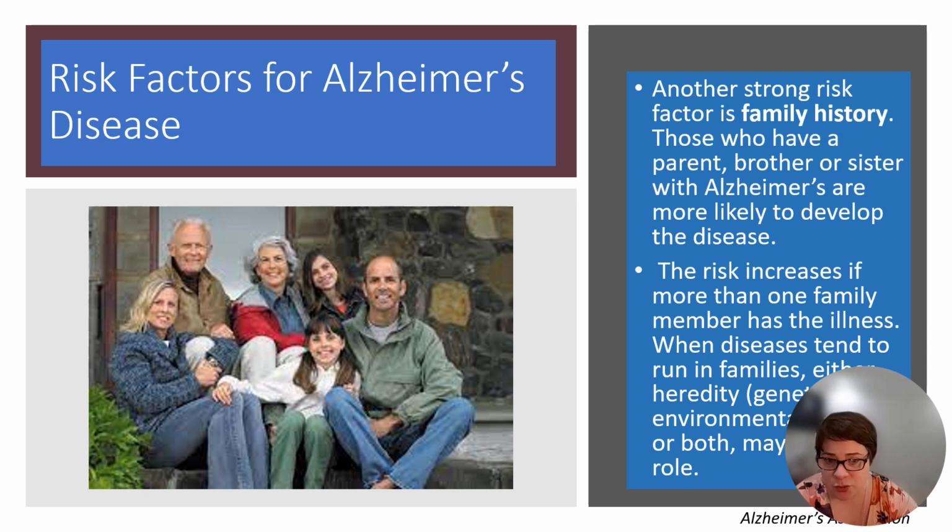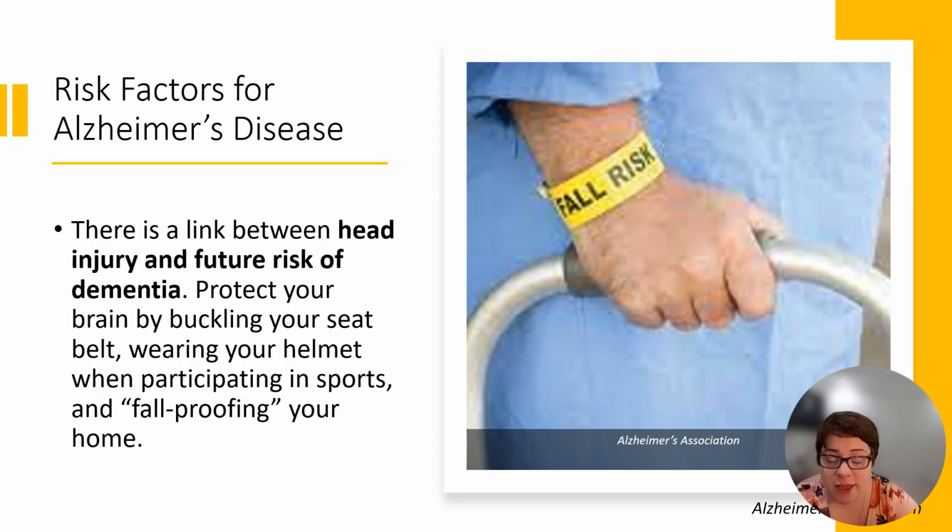And the risk increases if you have more than one family member with the illness. So Alzheimer's tends to run in families, although both heredity, or your genes, and environment play a role in the development of the disease.